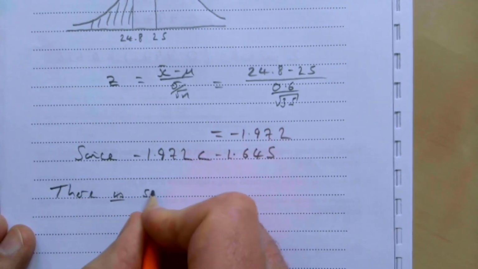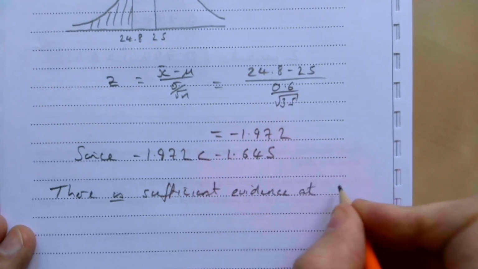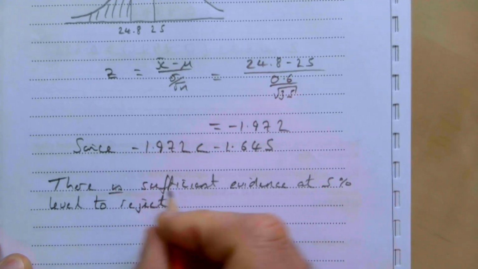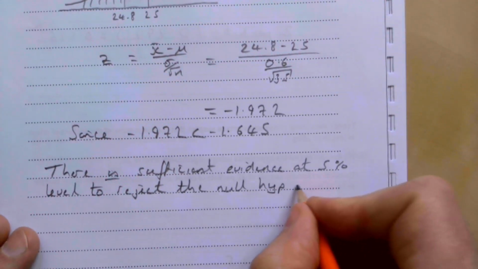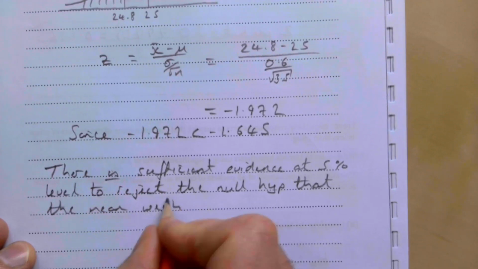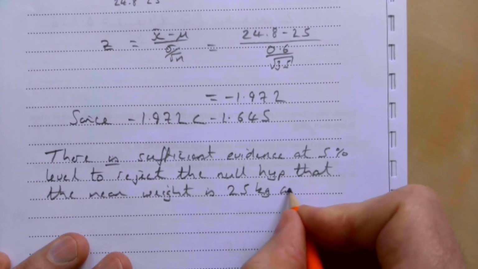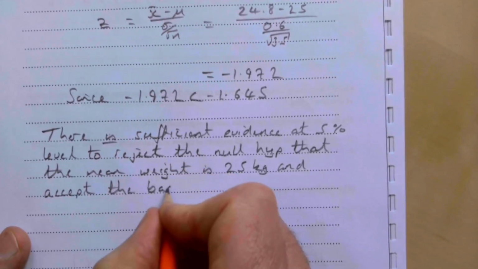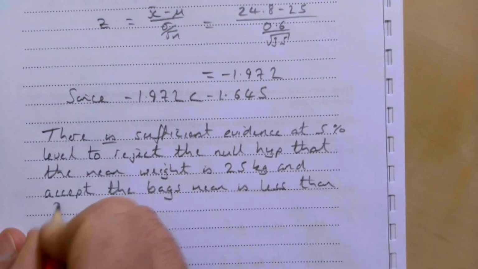there is sufficient evidence at the 5% level to reject the null hypothesis that the mean weight is 25 kilograms, again heavy for a bag of crisps, and accept that the bag's mean is less than 25 kilograms.